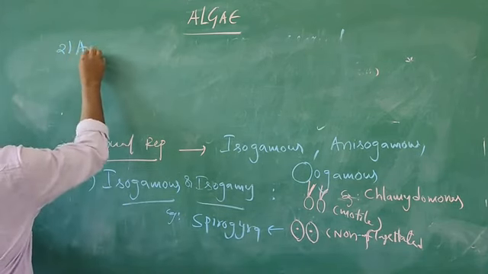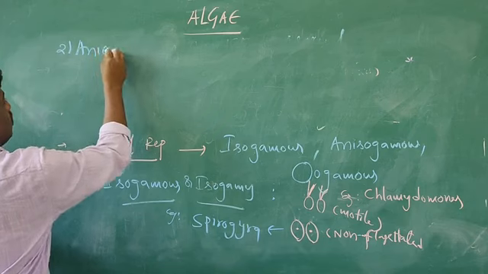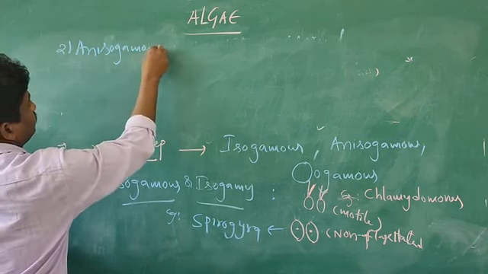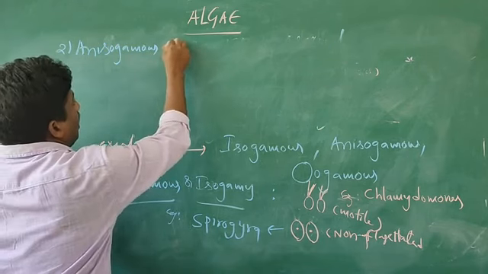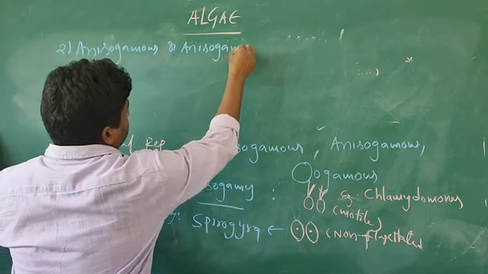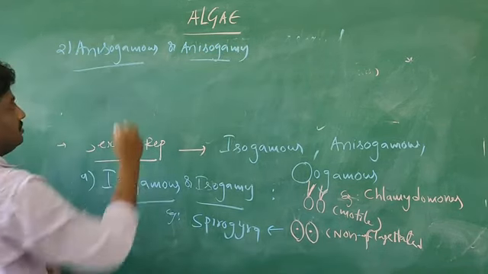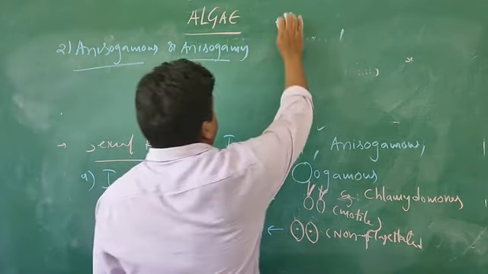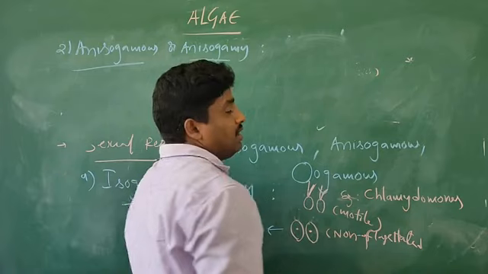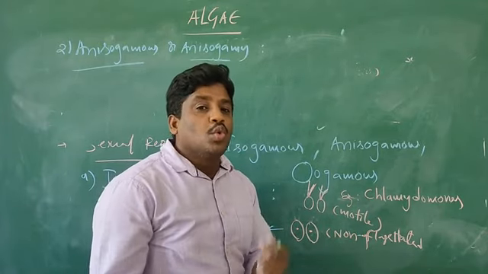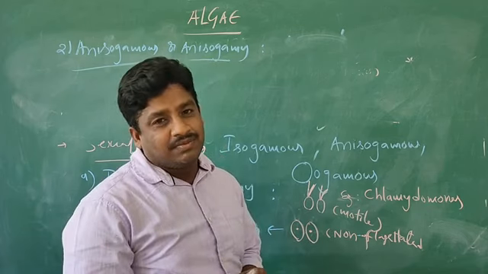Second one, anisogamous, or they also call it anisogamy. Okay, anisogamy. In that, the fusion is between gametes that are dissimilar in size.